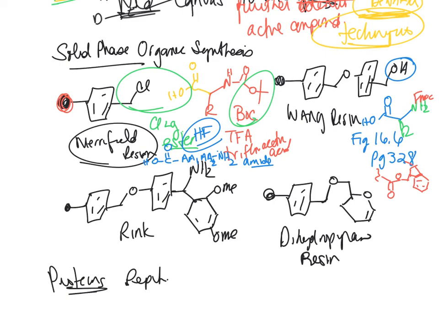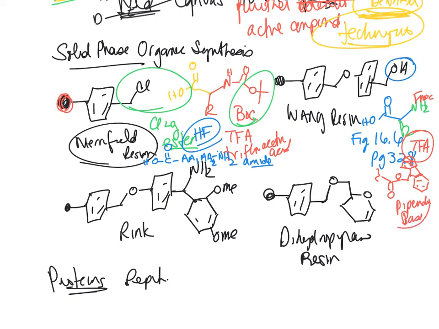And you can see the Fmoc groups come off using TFA. So this is still a TFA cleavage, okay? Actually, the Fmoc group comes off in piperidine. So that's a base.